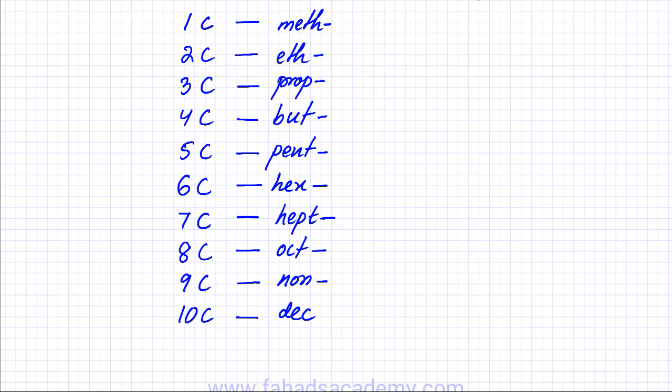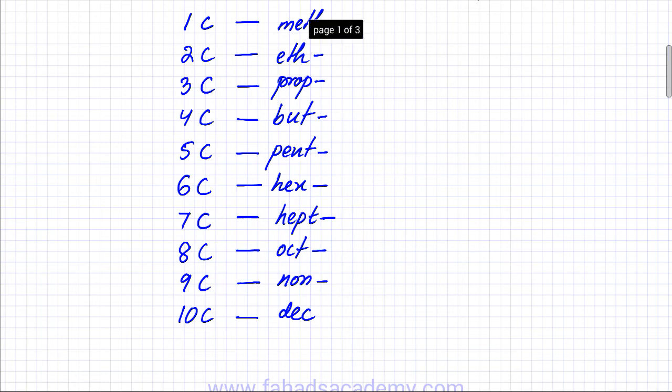You would have to remember this, because for all the organic molecules, the name is indirectly based on the number of carbon atoms that they contain. Whenever a chain has 1 carbon atom, its name would start off with meth. If it has 2 carbon atoms, its name would start off with eth.